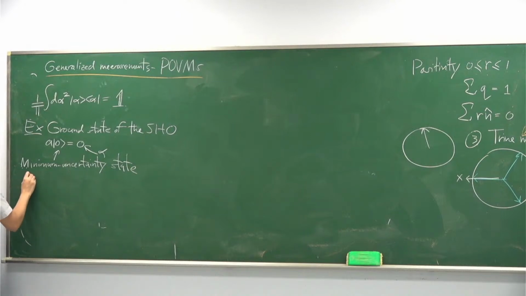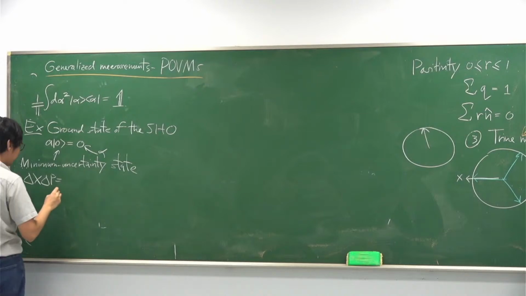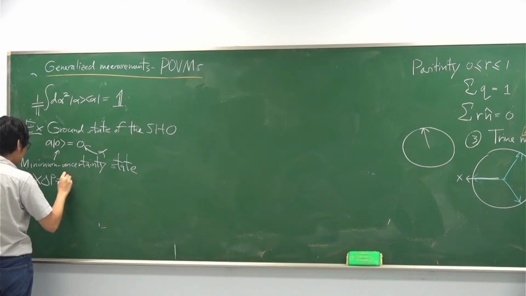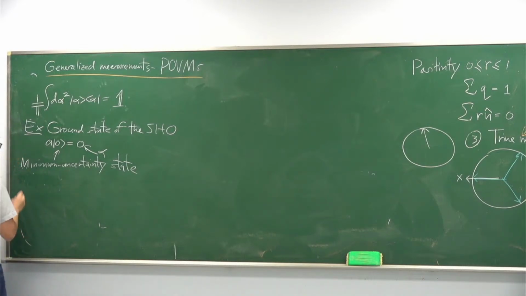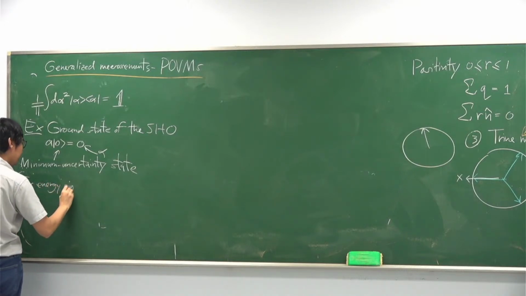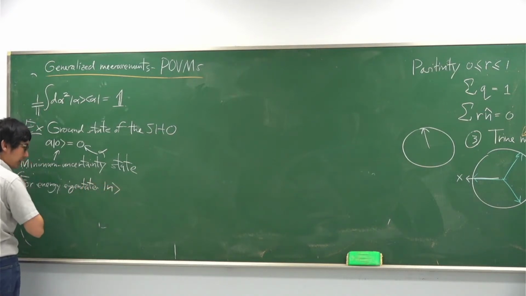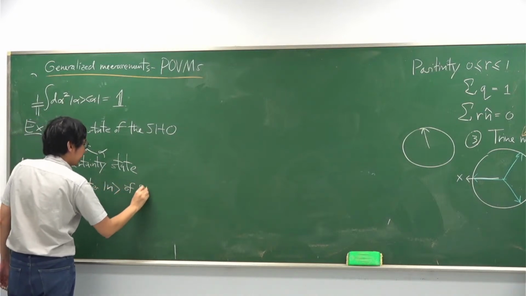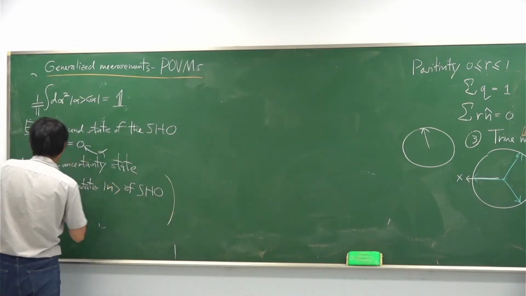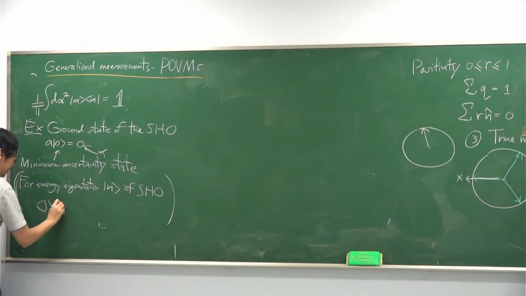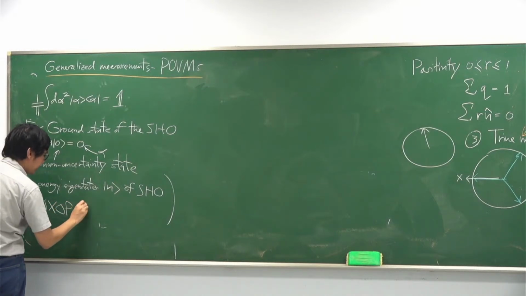Maybe just recall that for the energy eigenstate, denoted by n, of the simple harmonic oscillator, we have this uncertainty.